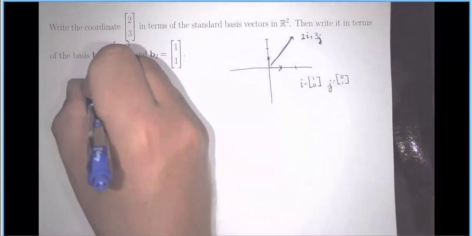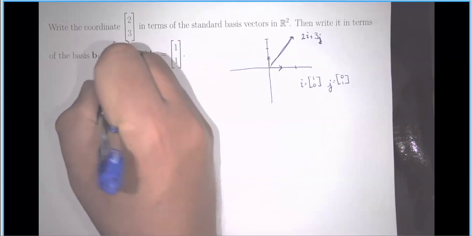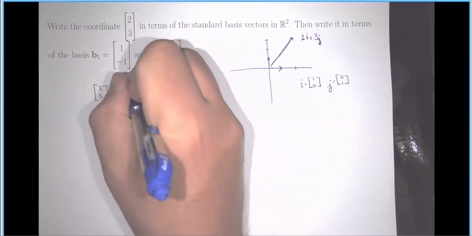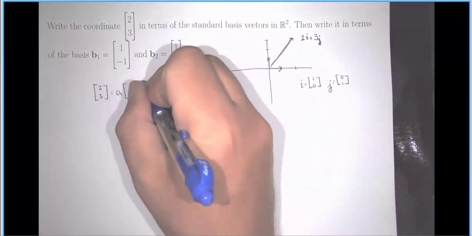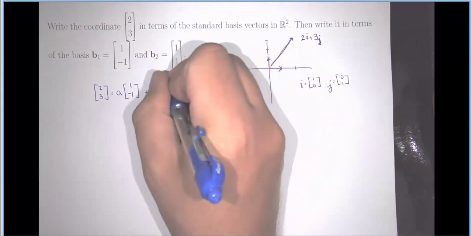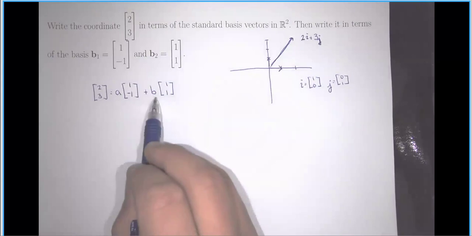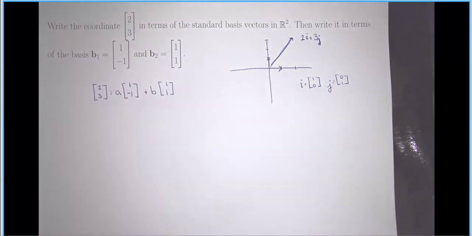So we write 2, 3 is equal to A times 1, negative 1 plus B times 1, 1. So we're looking at the coefficients A and B that break down the vector 2, 3 into components that come from 1, negative 1 and 1, 1.